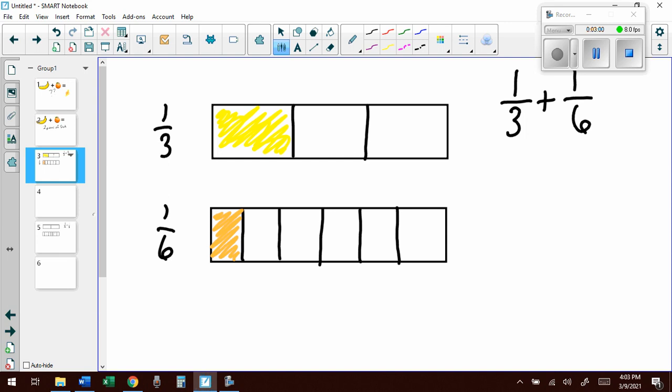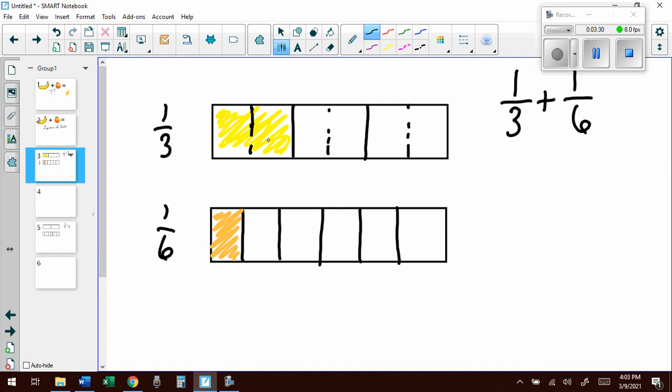Running through the multiples of 3 in your head. 3, 6, 9, 12, 15. So we know that 3 times something will get to 6. 3 times 2. So we need to partition each third in half, or into 2 pieces.